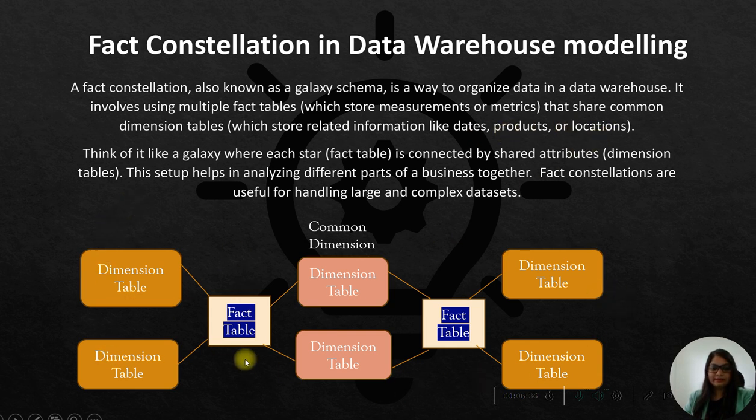You can see here, this is the common dimension table and this is a separate dimension table, but the fact table is using them. In a Galaxy schema, each star schema, meaning each fact table, is connected by shared attributes to the dimension tables. This setup helps to analyze different parts of the business together, and Galaxy schemas are useful for handling large and complex data sets.